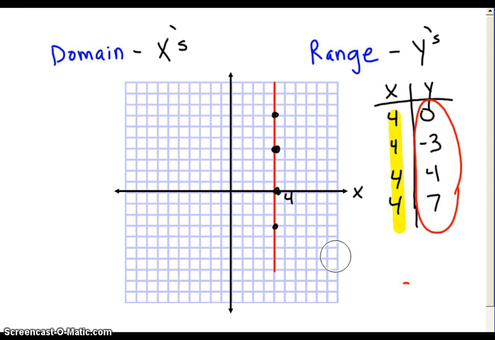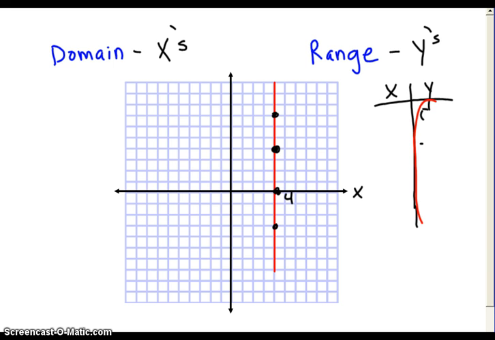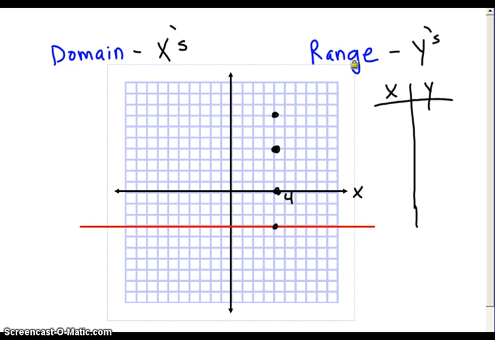All right, so let's take a look at another graph. If I take this line here and I make it horizontal instead, this graph crosses the y-axis at -3, and the point is (0, -3).